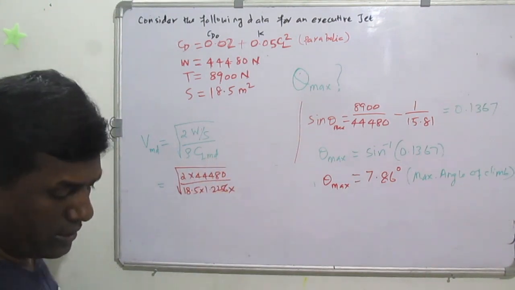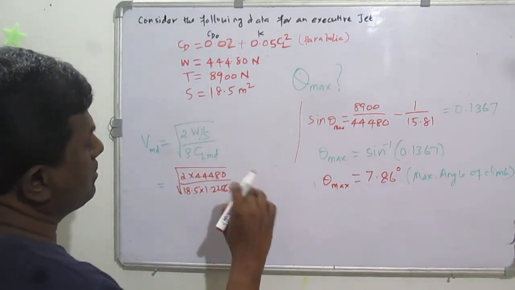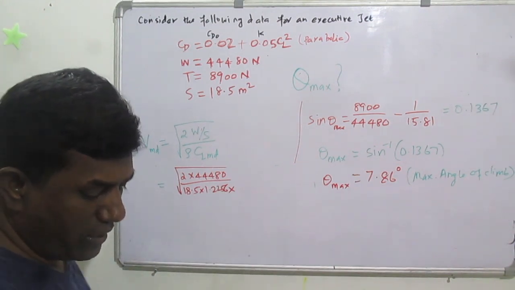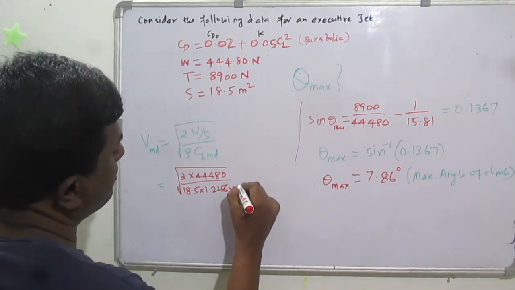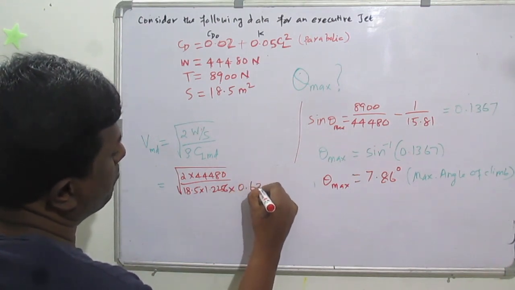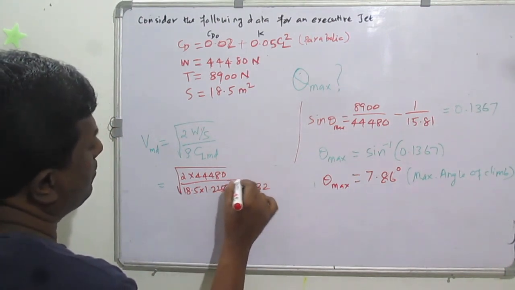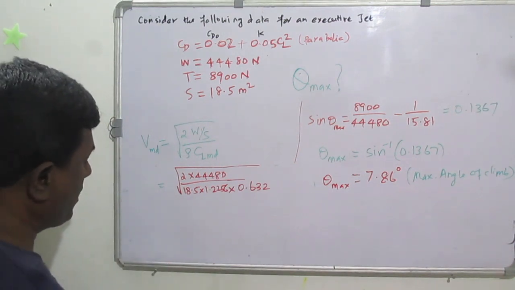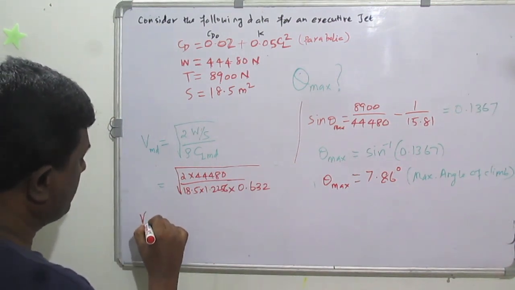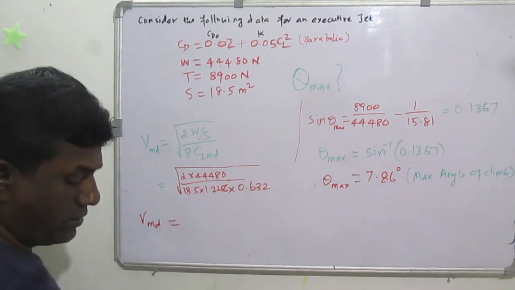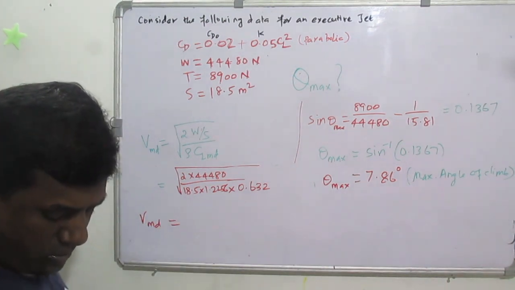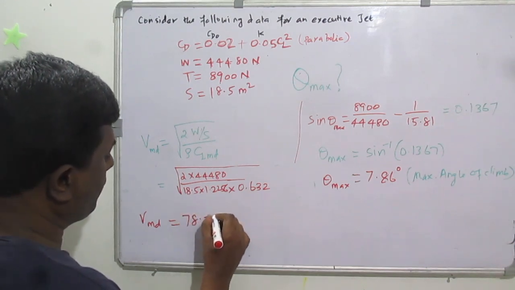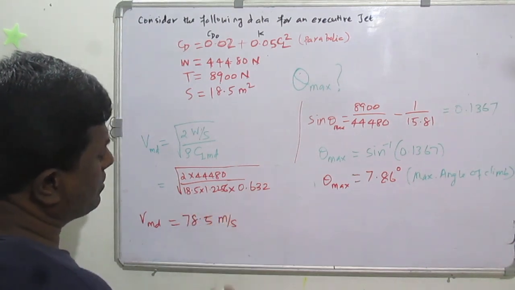CL minimum drag is the square root of CD naught by K, that value is 0.632. Then the velocity for minimum drag comes around 78.5 meters per second.